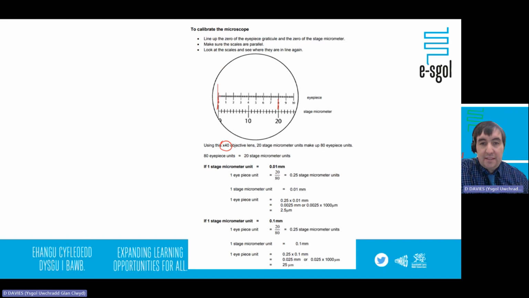Now remember, it's these tiny units we want to know. So there are 80 units up to there and 20 units up to there. So if one stage micrometer unit is 0.01 millimeters, or 10 micrometers, one eyepiece unit is 20 divided by 80, so 0.25 stage micrometer units.